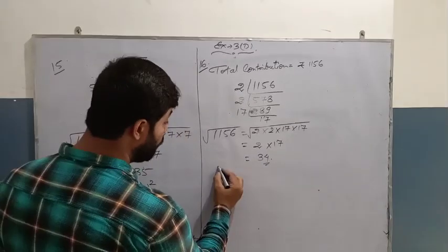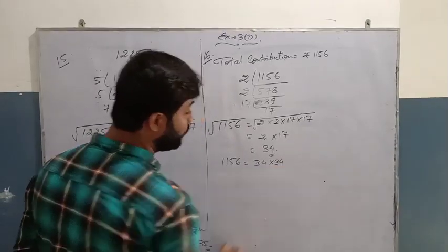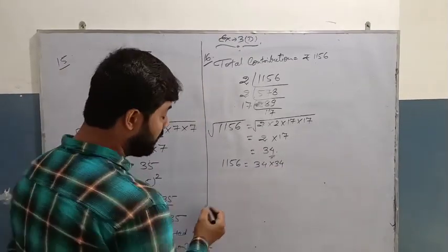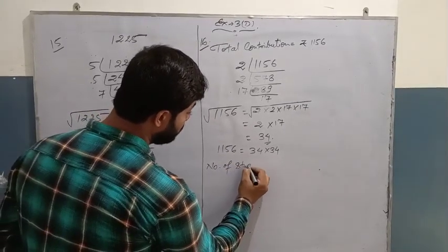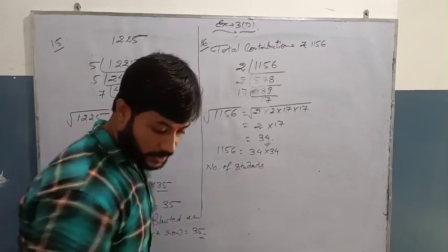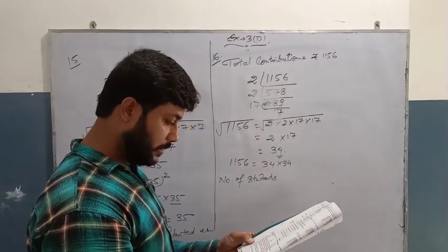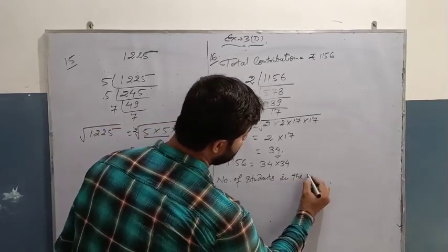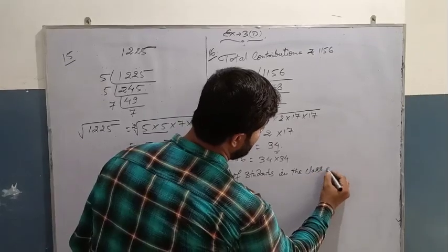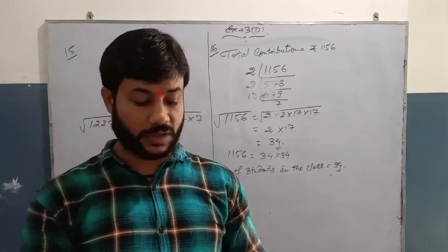So here 1156 is equal to 34 into 34. It does mean that the number of students in the class is 34, and it is the strength of the class.